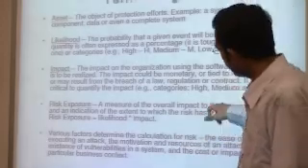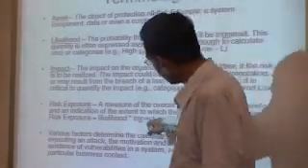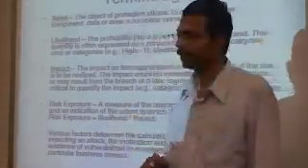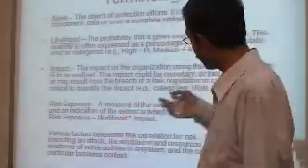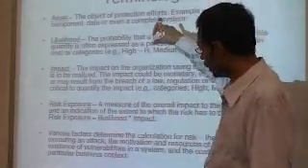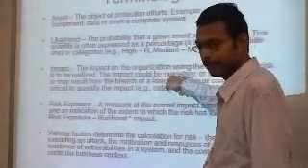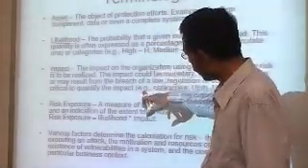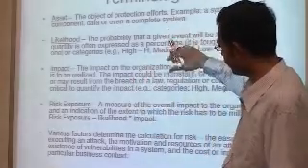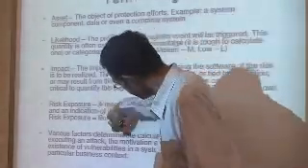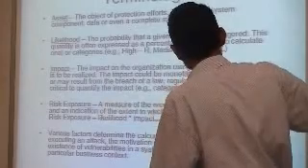The risk exposure is basically the product of the likelihood and the impact, which means, given that the likelihood of the attack happening is like this, and the impact if the attack happens is this, the risk is like this.